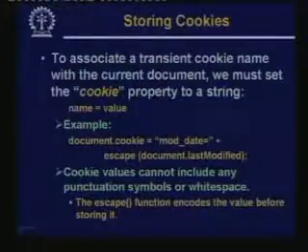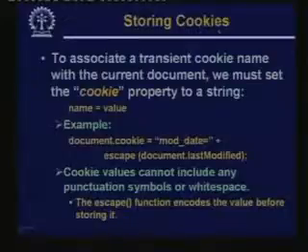Now, let us see how we can store cookies on the browser. To associate a cookie with the current document, as I said, we must use the cookie property of the document object. Now, the cookie value is specified as a string of this form, name equal to value.